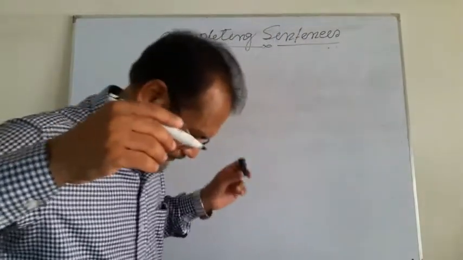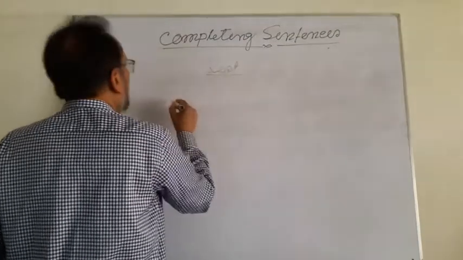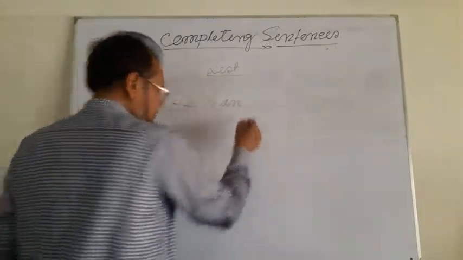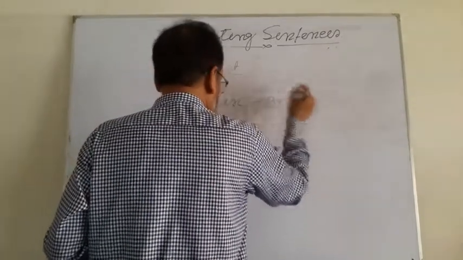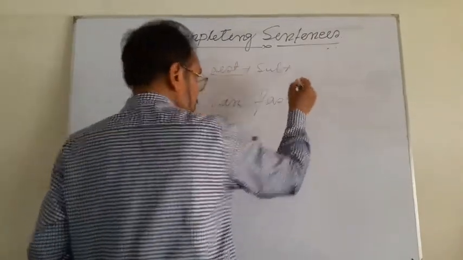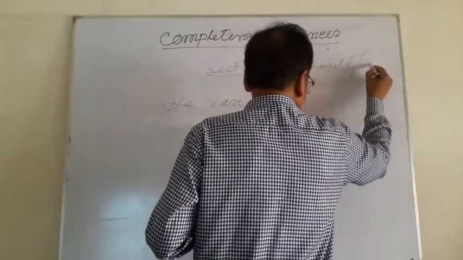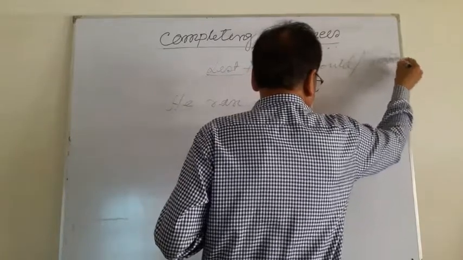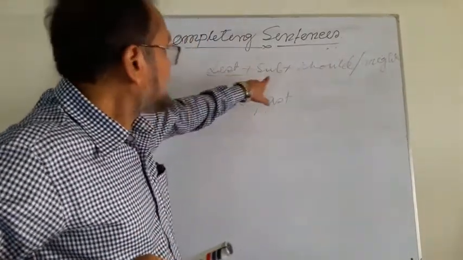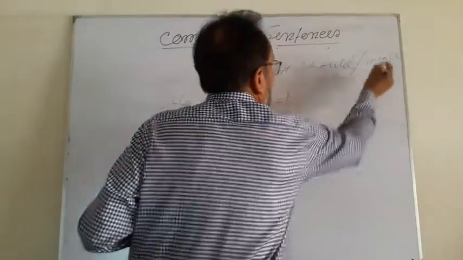So when you will see this lest, suppose an example: He ran fast. Lest plus subject plus should or might. After lest comes the subject, then should or might, then plus verb.